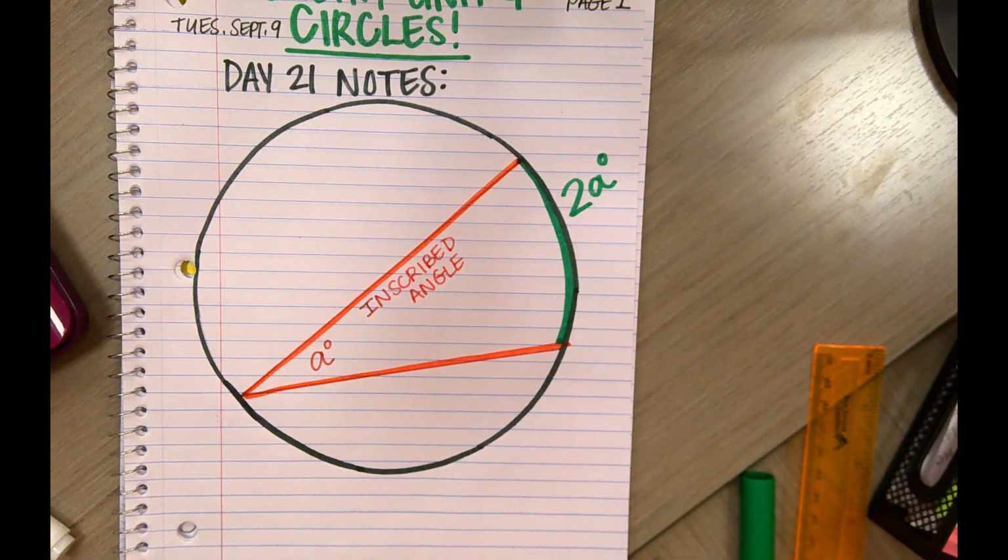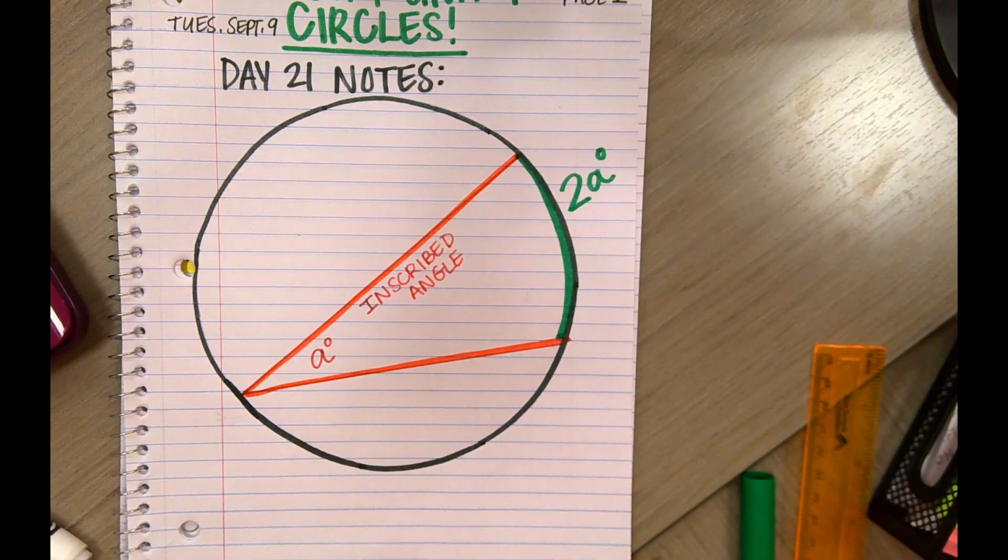Inscribe, in meaning inside. Scribe, gosh, if I'm remembering properly, it sounds like scribble. I'm thinking it's writing, so it's angles that are written within the inside of a circle. So, inscribed angle, simple, simple formula.